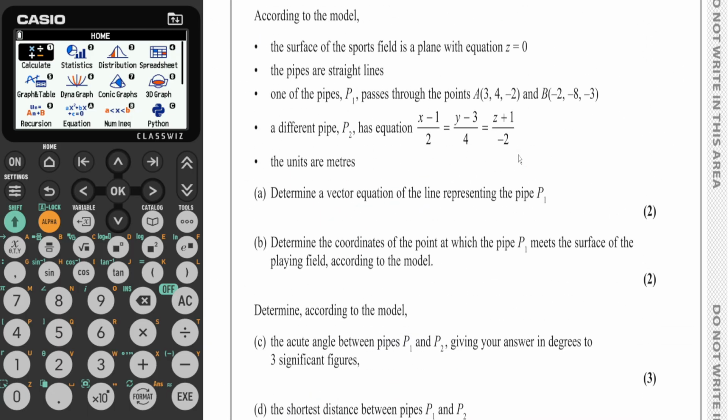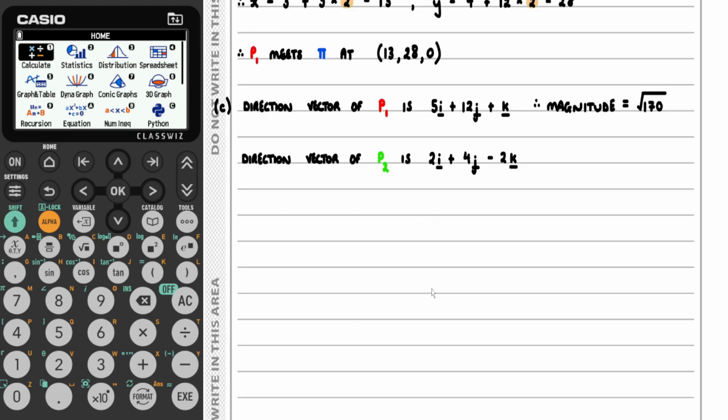If I take a look at the equation for P2, you can see here we've got the 2, the 4 and the negative 2. So the direction vector of P2 will be given by 2i plus 4j subtract 2k. So for the magnitude of this we've got 2 squared plus 4 squared plus negative 2 squared, all square rooted, so the magnitude is root 24.